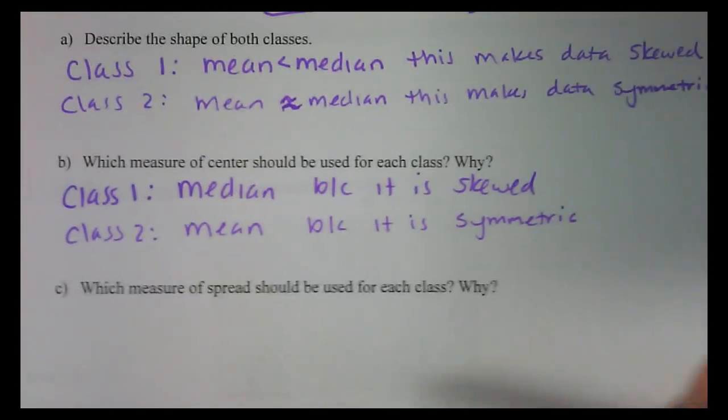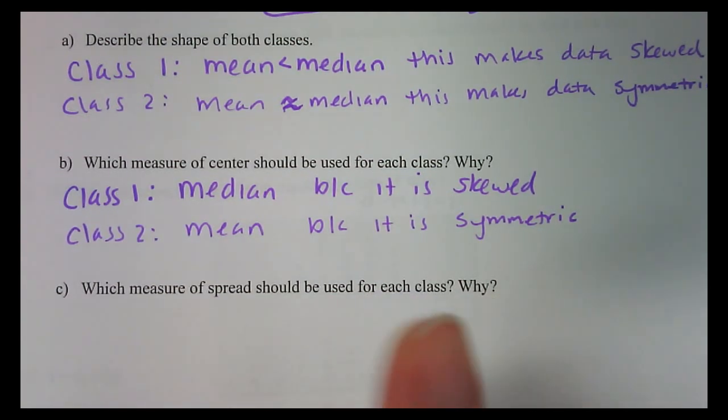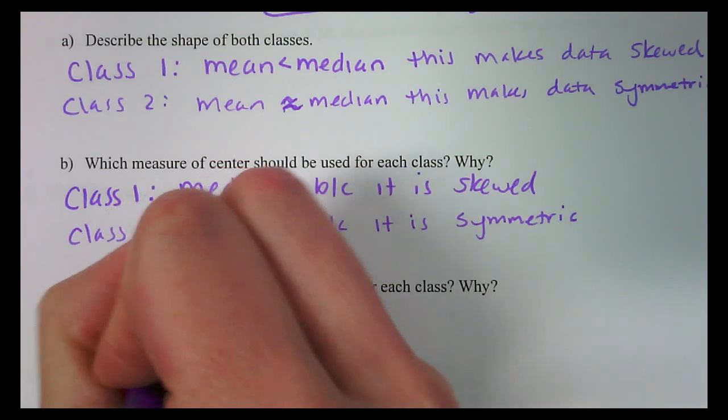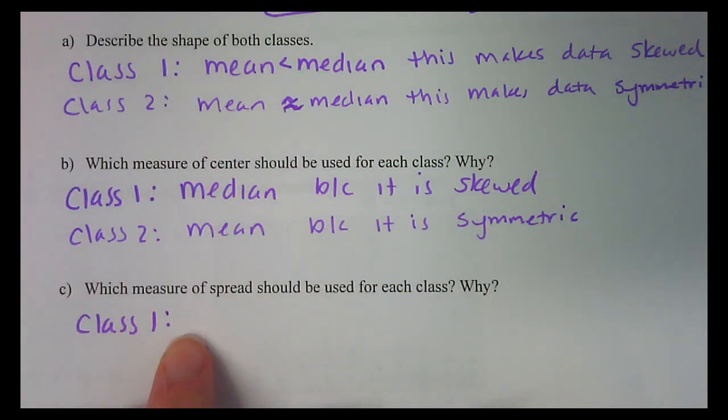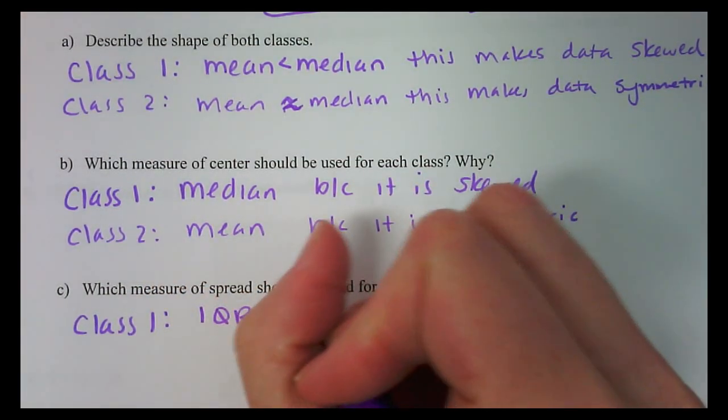Okay. Now, which measure of spread should be used for each class and why? Again, that comes back to the fact that it's skewed or symmetric. So if we have something that's skewed, we want to use the IQR.